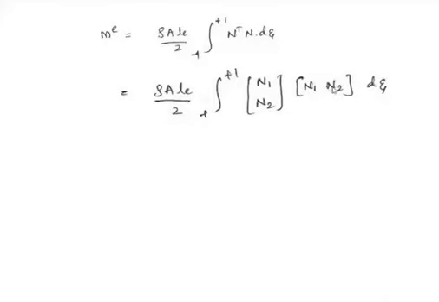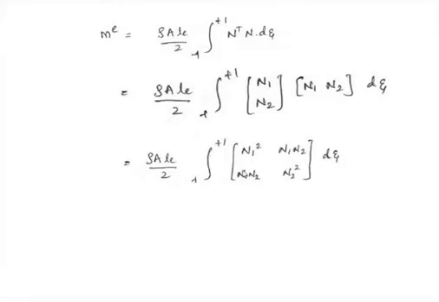Now I can just multiply these matrices. I'll get rho A Le by 2 integration -1 to +1 of N1 square, N1 N2, then N1 N2, N2 square, into d zeta.